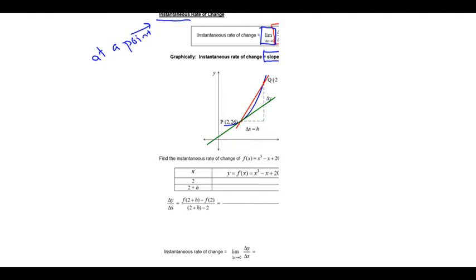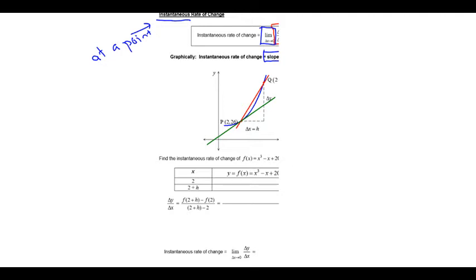So in order to find our average rate of change first, we need some sort of interval. Average rate of change uses an interval. So in our case, we're only given a point.